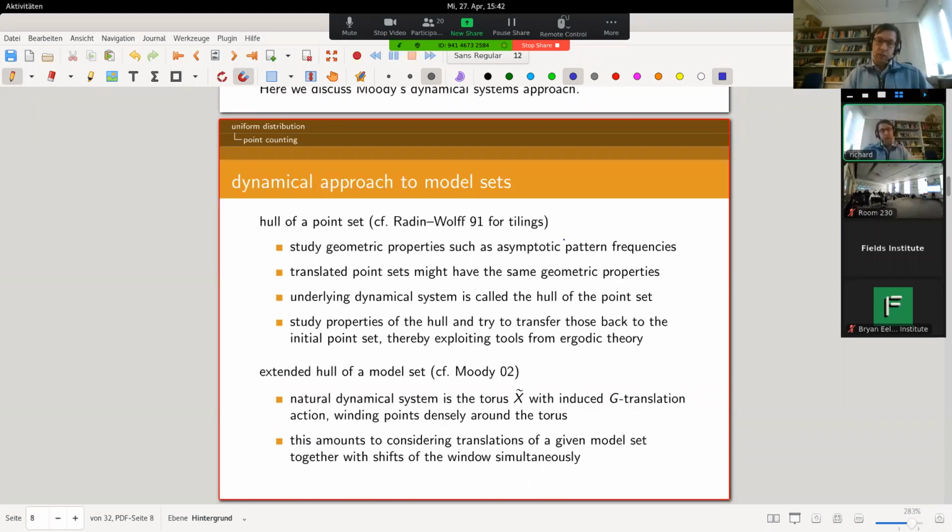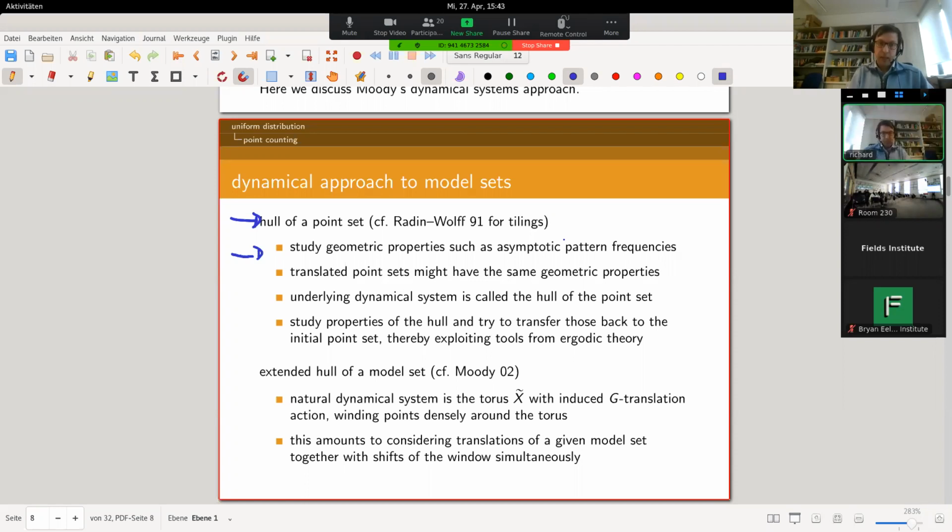First thing about dynamical system approaches to model sets. The big notion here is, of course, the hull of a point set. This dates back to Radin-Wolff 91 for tilings. And the idea is you would like to study geometric properties such as asymptotic pattern frequencies. And of course, you know that these asymptotic pattern frequencies shall be shared also by translated point sets and point sets which are close to translated point sets, in a suitable topology, let's say local matching.